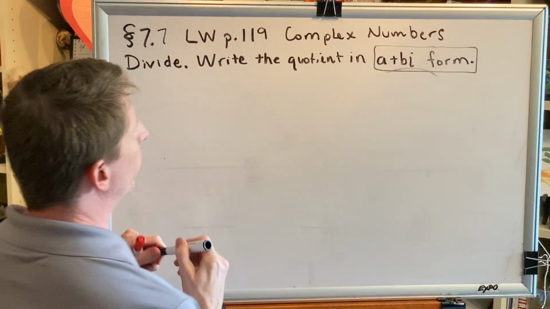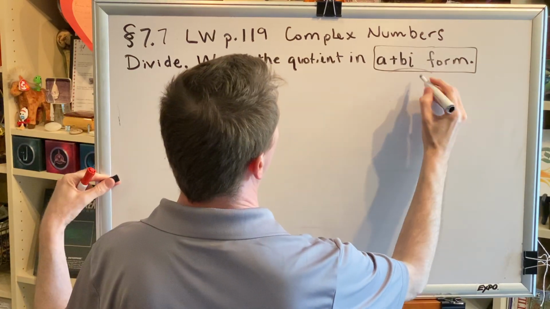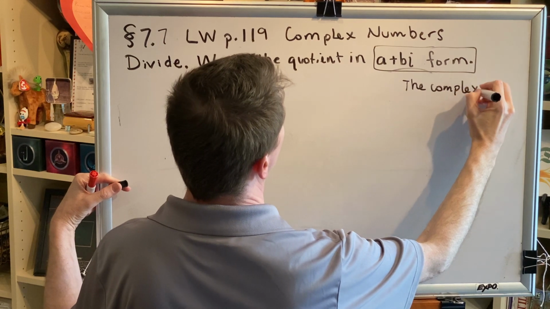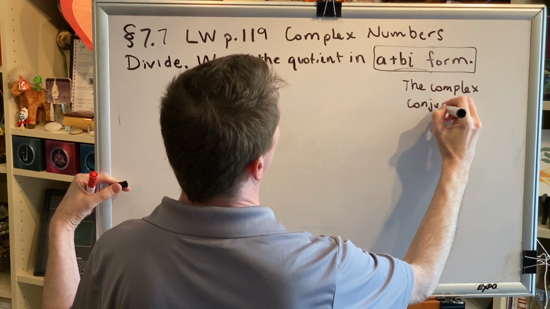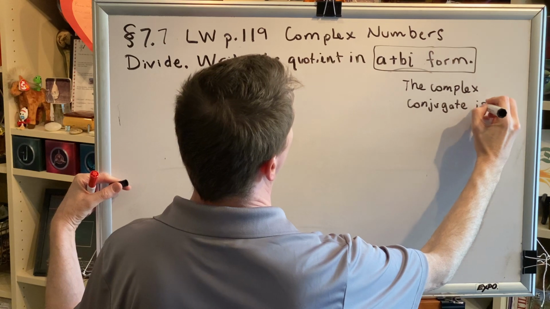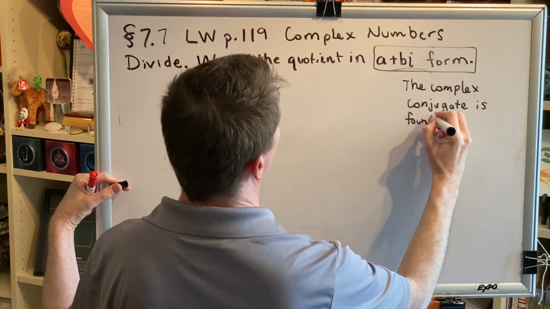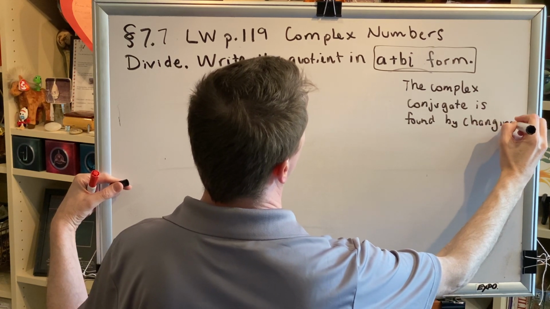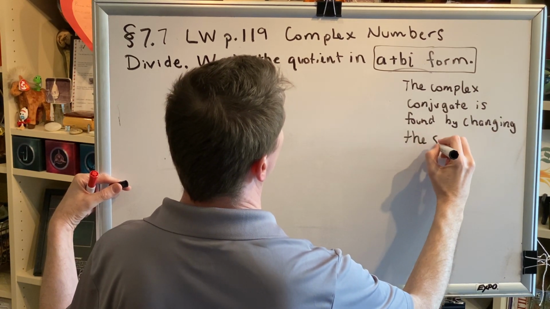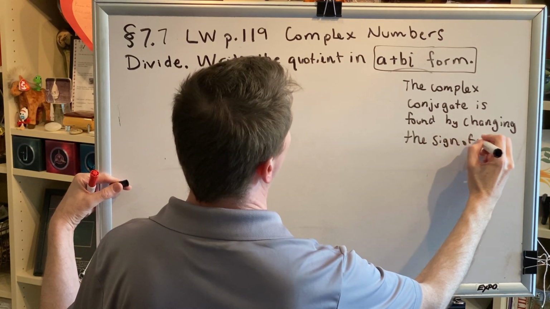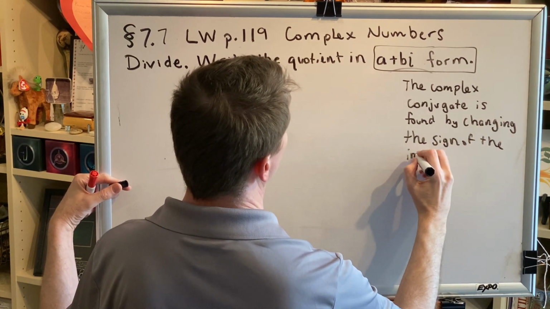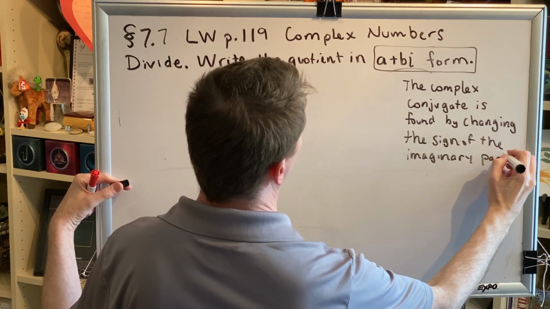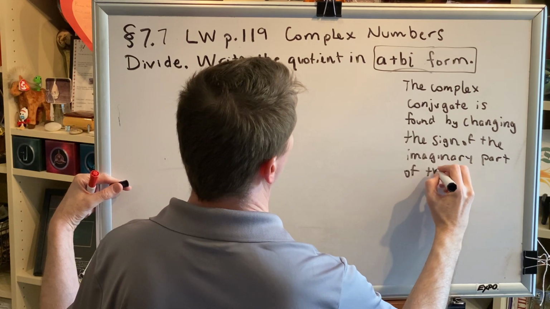Before we do this problem, I would like to remind you about complex conjugates. The complex conjugate is found by changing the sign of the imaginary part of the complex number.